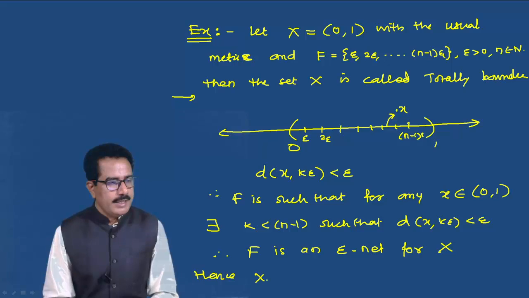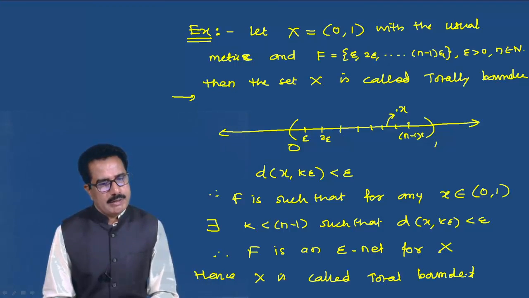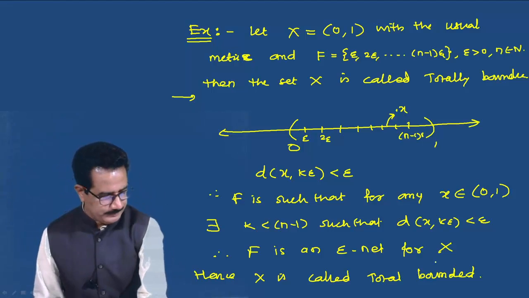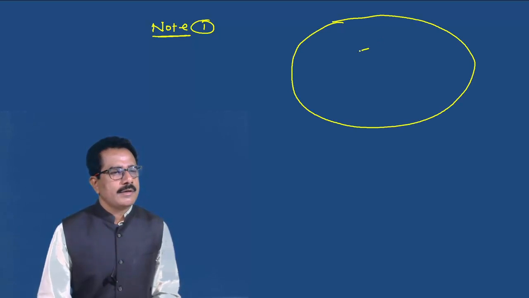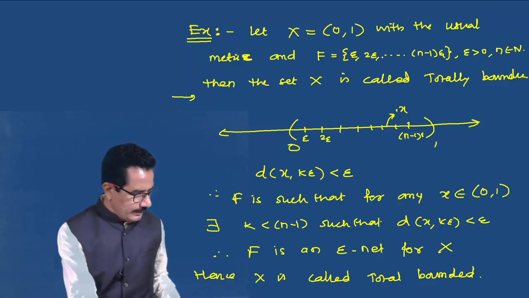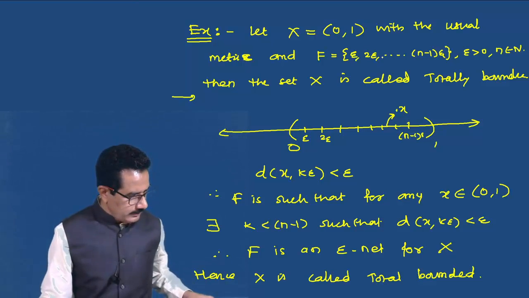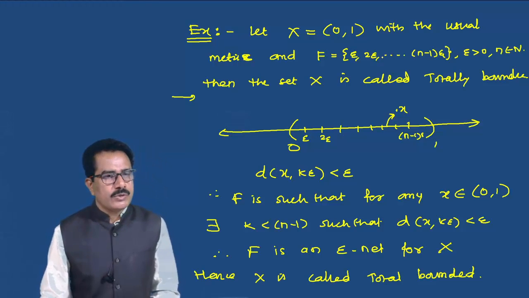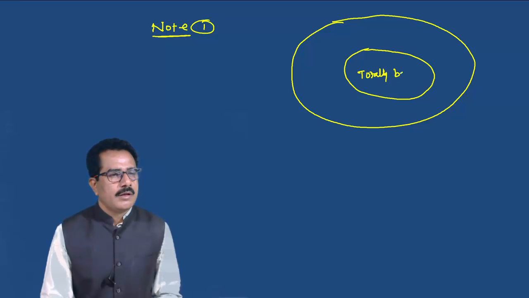Hence X is called totally bounded. See this, note that this is a bounded set and this is totally bounded.